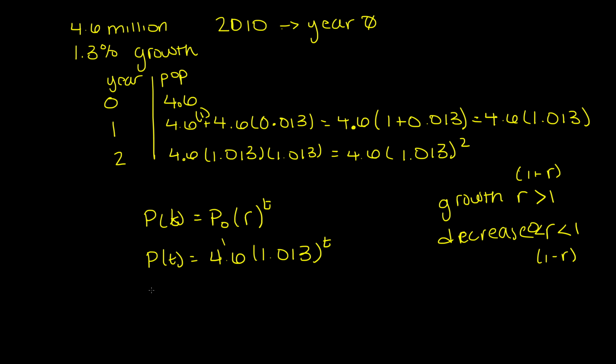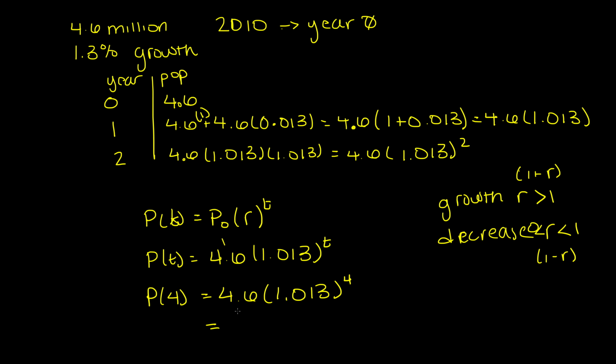And so we need to look at it at 4 years. So this is P of 4 is going to equal 4.6 times 1.013 to the 4th power. I thought I had my calculator up and ready, so we're just going to try this on my phone calculator.